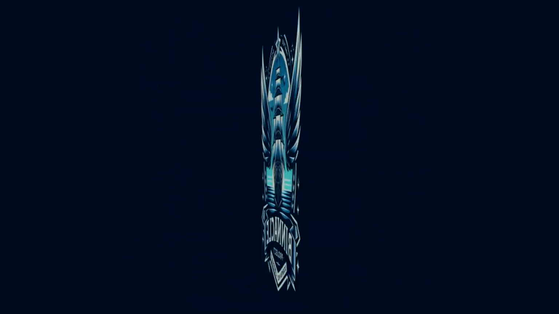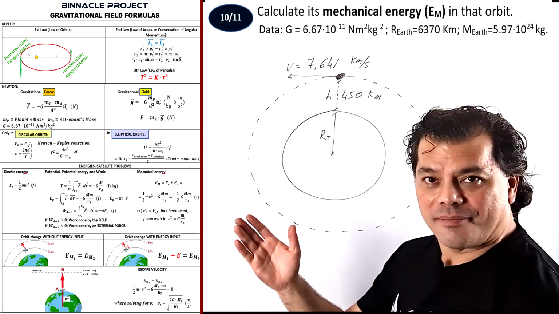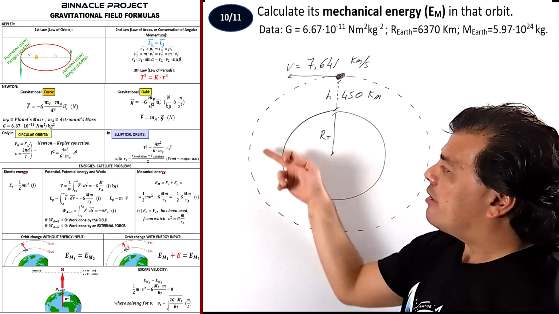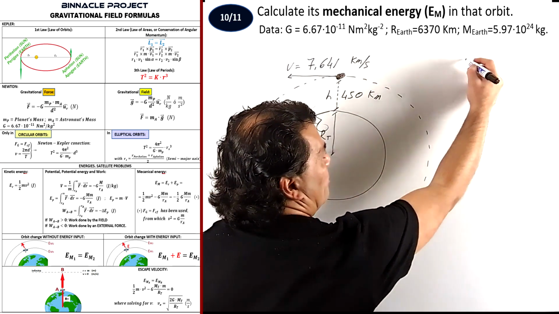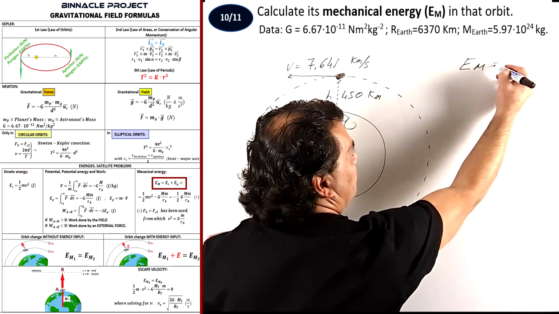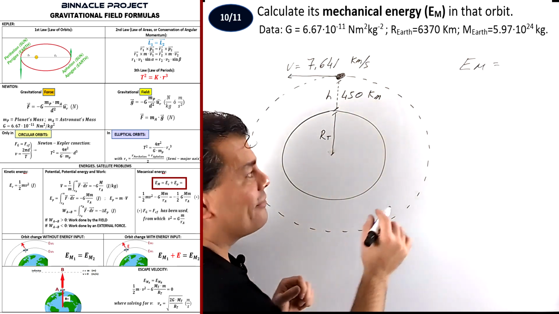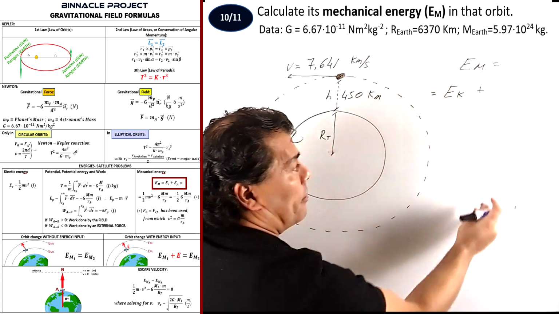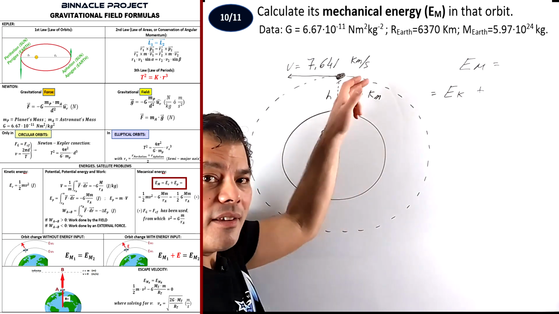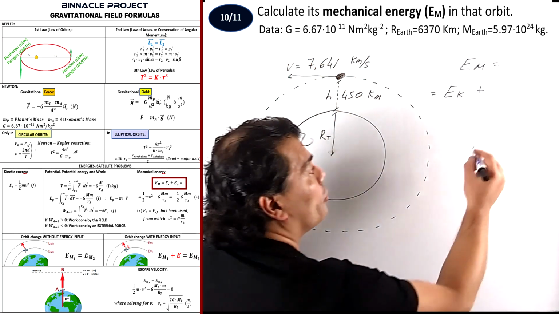Binnacle project. In the next section, we are asked to calculate its mechanical energy. Now that we have our satellite orbiting the Earth, it contains mechanical energy, and it's very easy. As our satellite contains velocity, it contains kinetic energy. But also, as our satellite is placed next to a very big mass, it also contains potential energy.